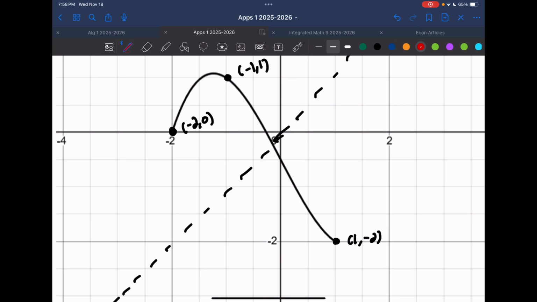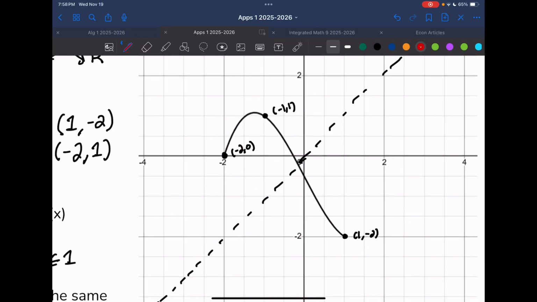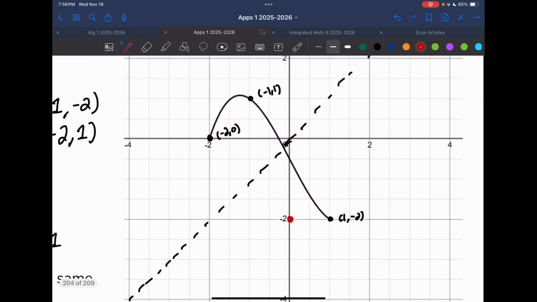So if (-2, 0) is on the original function, well then (0, -2) has to be on the inverse function. And if (-1, 1) is on the original function, well then (1, -1) has to be on our inverse function. So I can kind of sketch this in by starting to connect those.